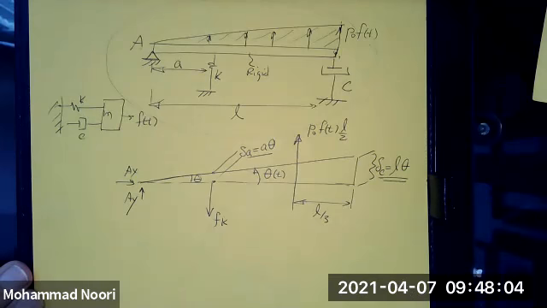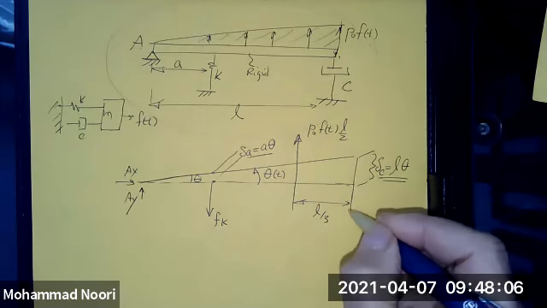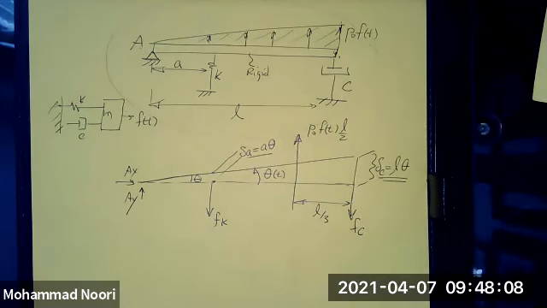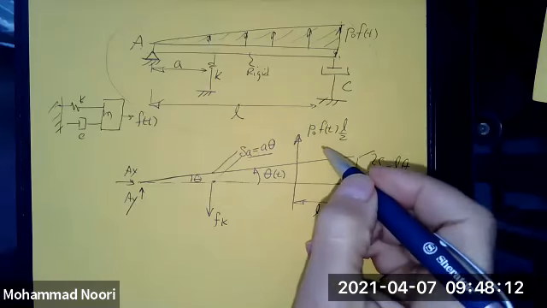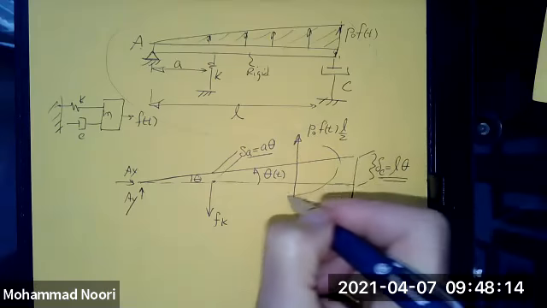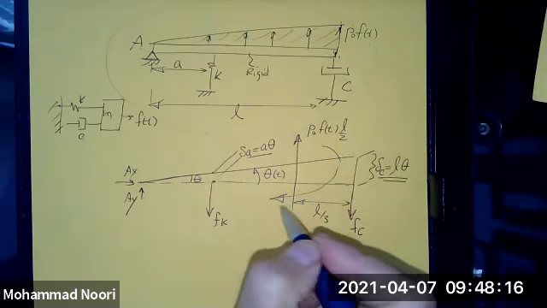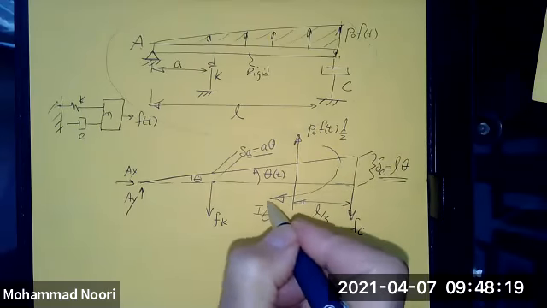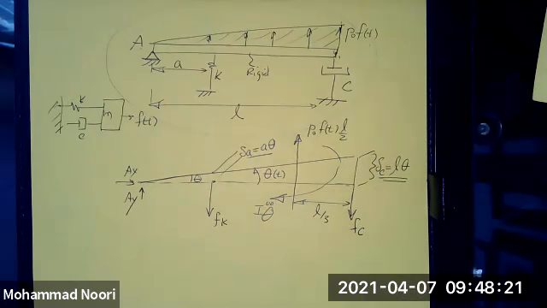Okay, so this is the free body, and of course, you do have the force of the damper. And of course, I need to also consider the inertial force, which is I theta double dot. And now I have a complete free body diagram.